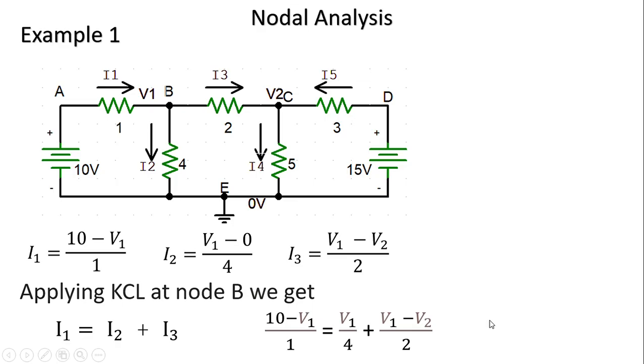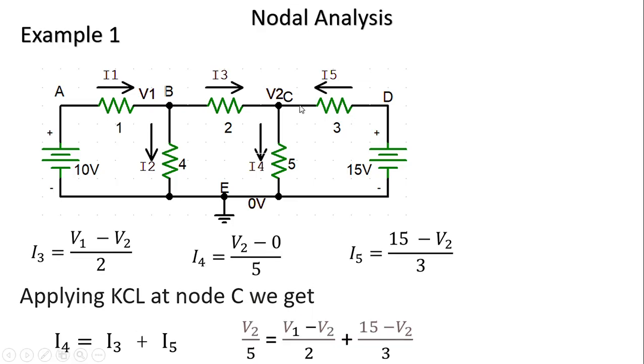Now we are going to apply KCL at node C. Observe this node C. At this node, I3 is incoming, I5 is incoming and I4 is outgoing. So applying KCL at node C, we get I3 plus I5 is equal to I4. Writing the values of I4, I3 and I5 here, this entire equation is converted into a function of voltages V1 and V2.